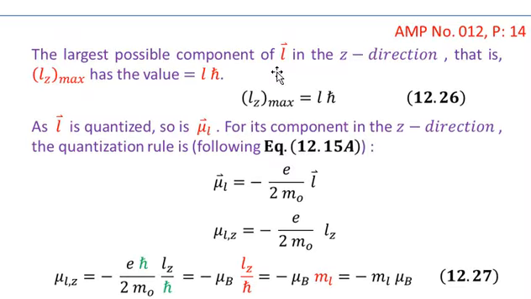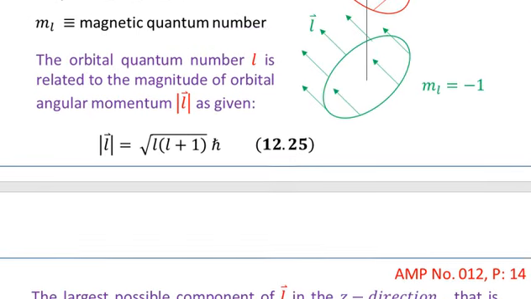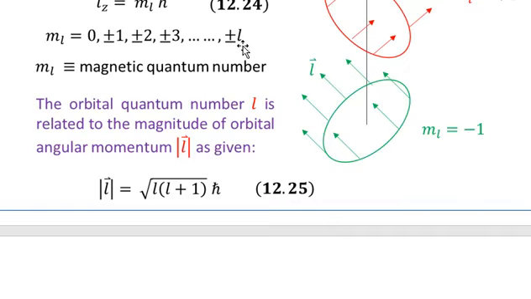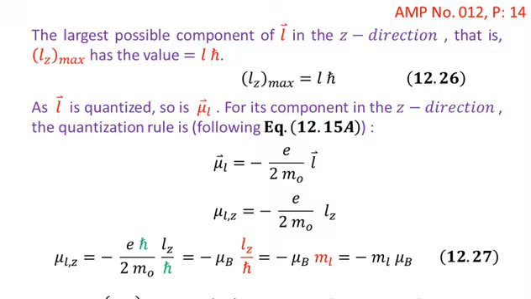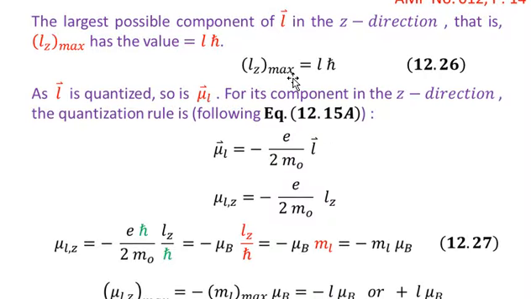The largest possible component of L in the Z direction, that is Lz maximum, has a value equal to L h bar, because the maximum value of ml is equal to L. So if you want to calculate the maximum value of Lz given by equation number 24, then you would need to replace ml by its maximum value, which is equal to plus minus L. So in equation number 26, you have the maximum value of the Lz component, which is equal to L times h bar.